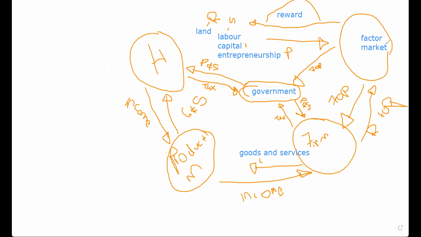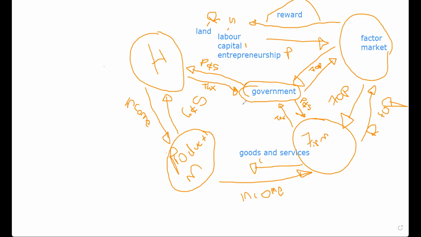Whoever requires the factors of production must get them from the factor markets, because even the firms get the factors of production from the factor market. The factor market is basically just there to collect the factors of production from the households. So the government will go to the factor market and pay for the factors of production in the same way that they are rewarded: land gets rent, labor gets salary or wage, capital gets interest, entrepreneurship gets profit.